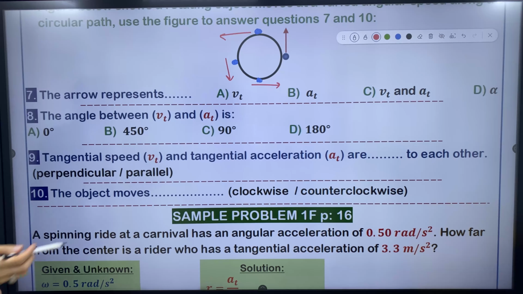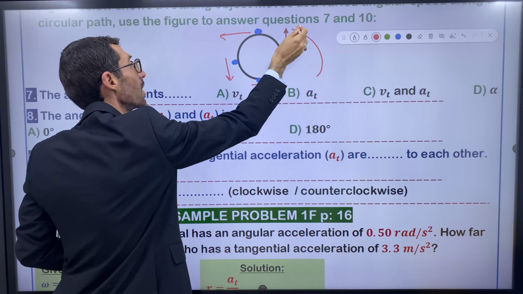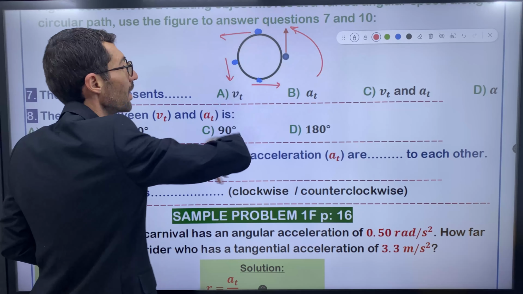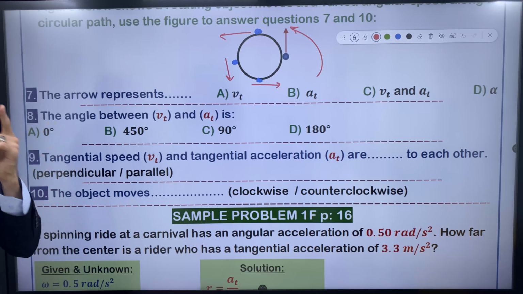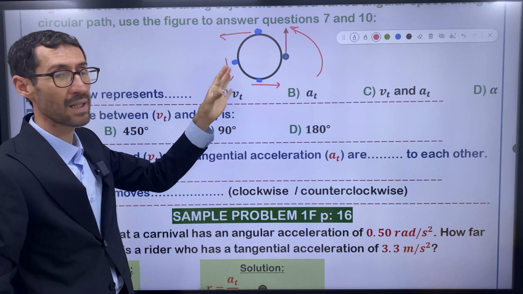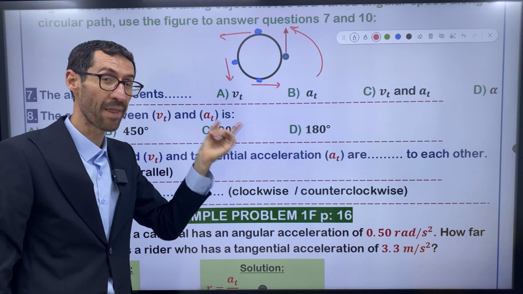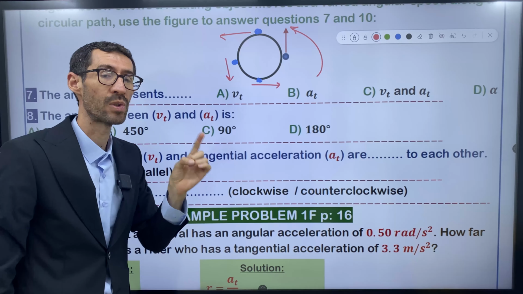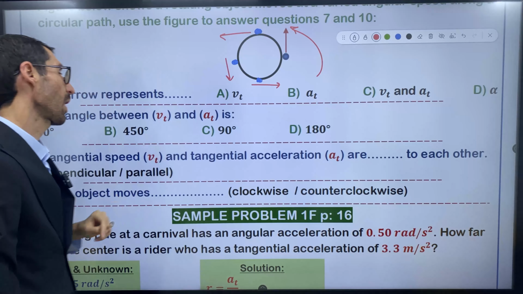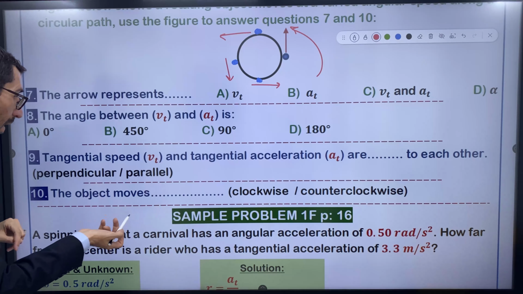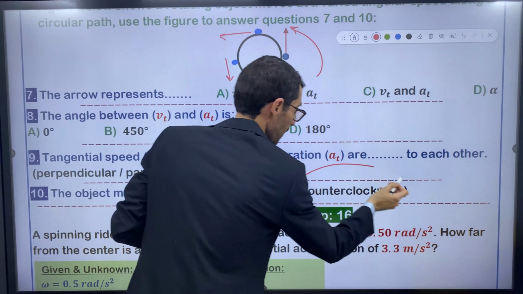So in this situation, guess the direction. It moves like this, against the clock's hands. Or in other words, we can say counterclockwise. So counterclockwise is the true option.